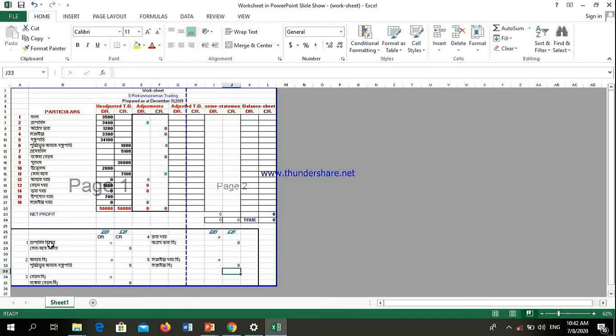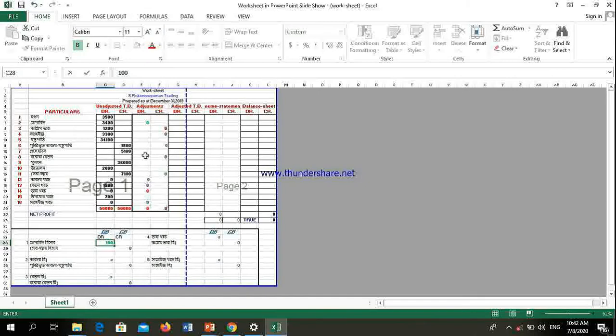Here, accounts receivable debit, service revenue credit. We have already mentioned it. So how much amount? Taka 100 there. Am I right? Taka 100. Look, here all figures are blank, or I put zero in the adjustment area.